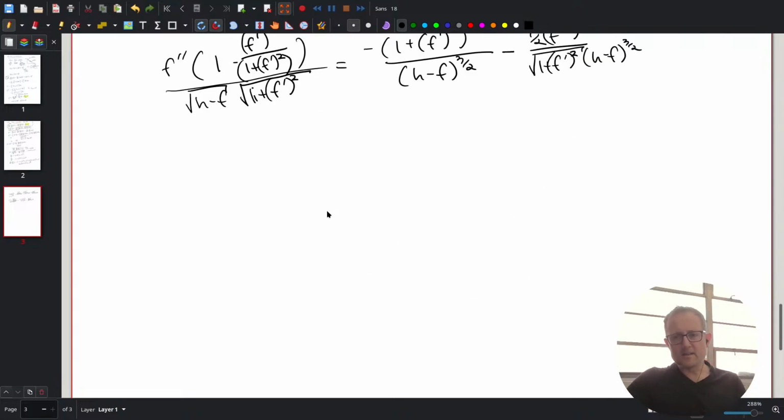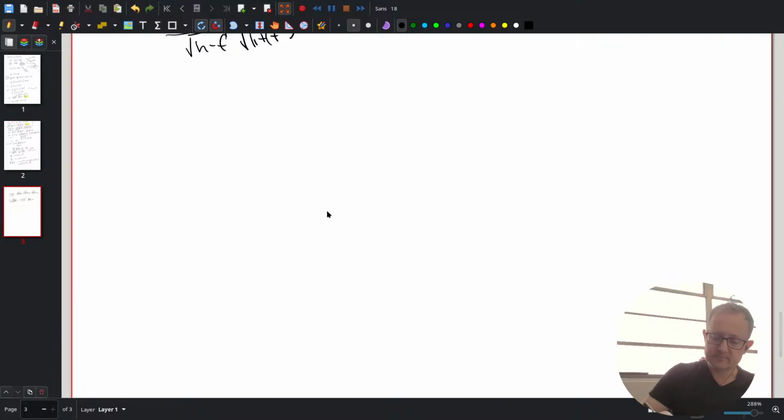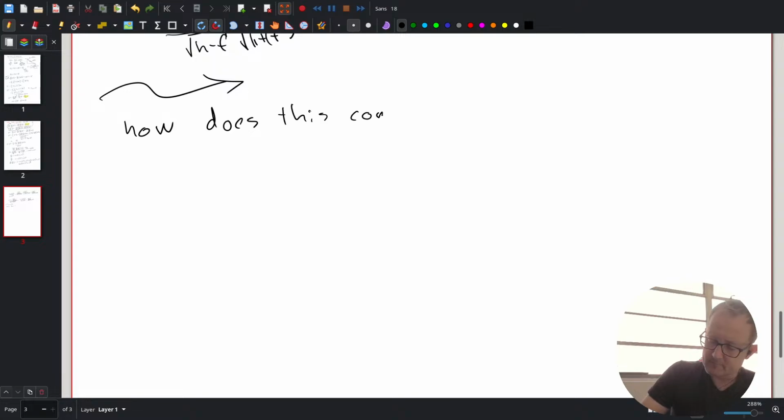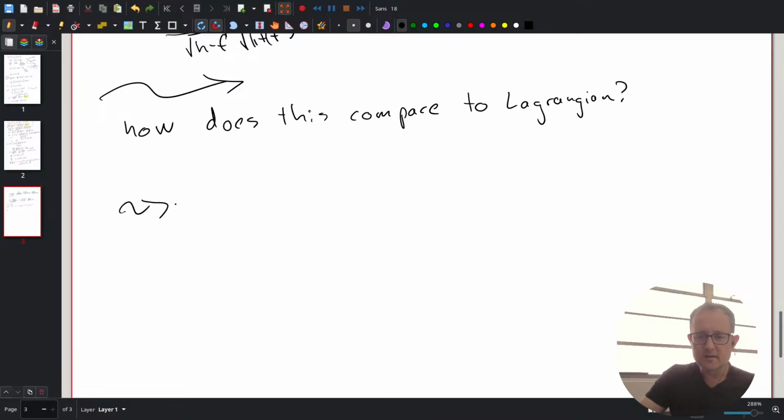But anyway, so again, how does this relate to Lagrangian problems? Well, the idea for Lagrange is that there's kinetic energy, which we call T. There's potential energy, which we call V. I don't know why it's T and V, but that's just how we do it.